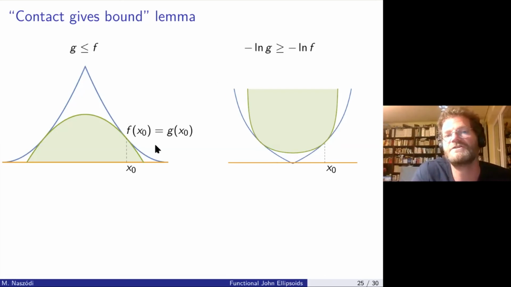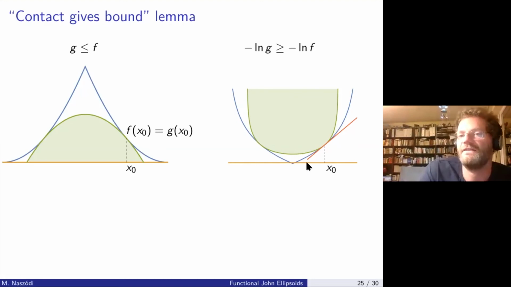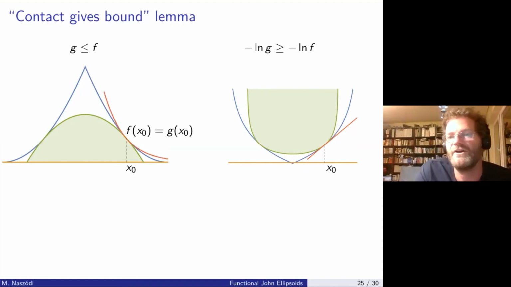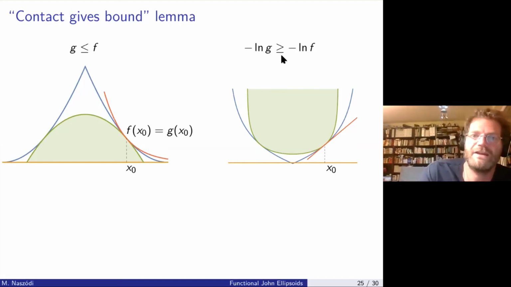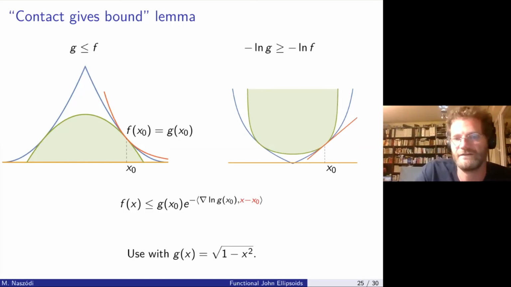The blue function is bigger, so the minus log will be smaller, and we still have this contact point. But it's convex, so it has this property that you draw the tangent at this point, and then the function is above. Both functions are above. And this tangent, when you take e to the minus, gives you this exponential function here. And that's all that's written here.